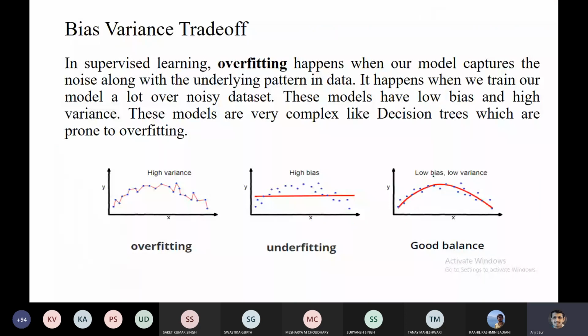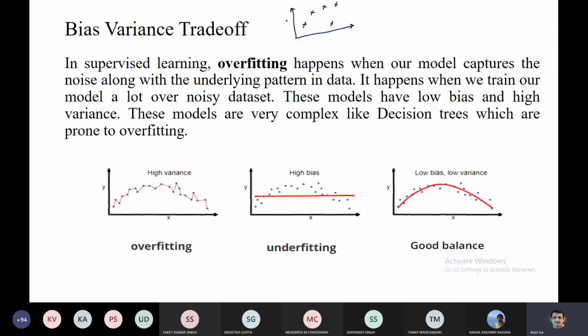In supervised learning, overfitting happens when our model captures the noise along with the underlying pattern. So this is the high variance. These are more noisy points, but we are going zigzag, so variance is very high. Exactly this is the thing I have said many times.